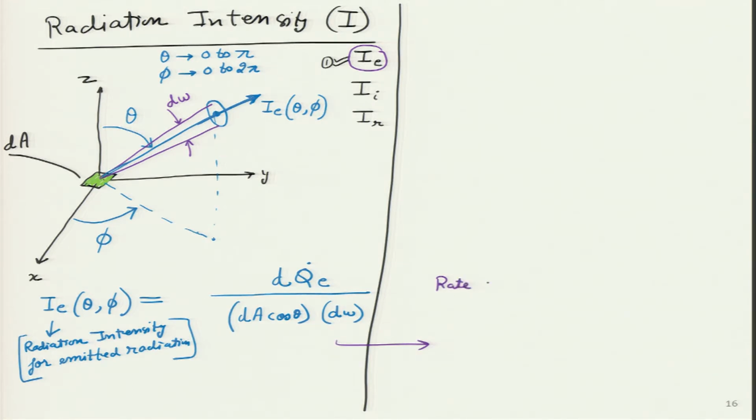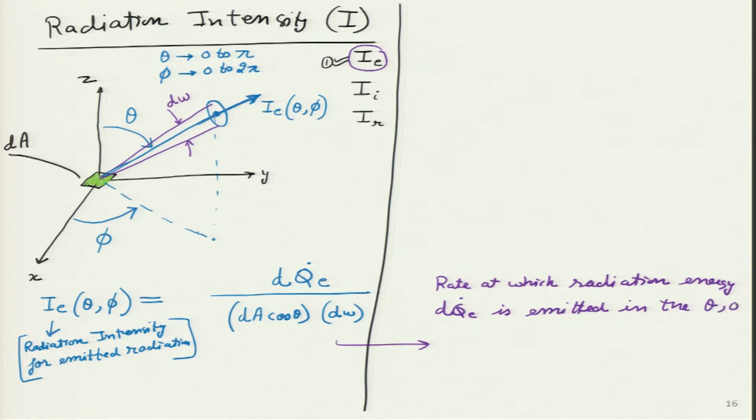It gives the rate at which radiation energy, which is the numerator dq dot E, is emitted in a particular direction, which I am writing as the theta phi direction, per unit area.